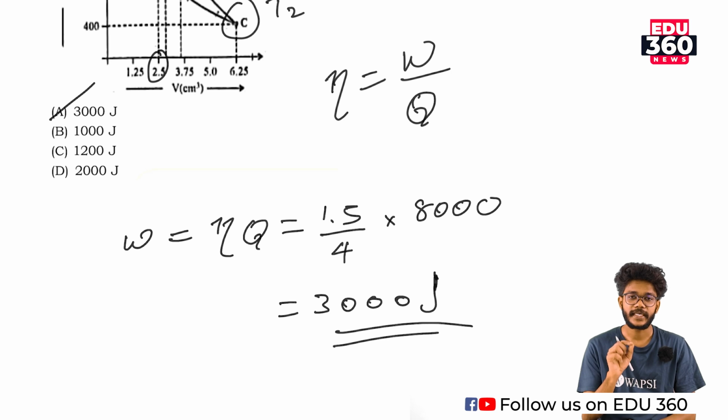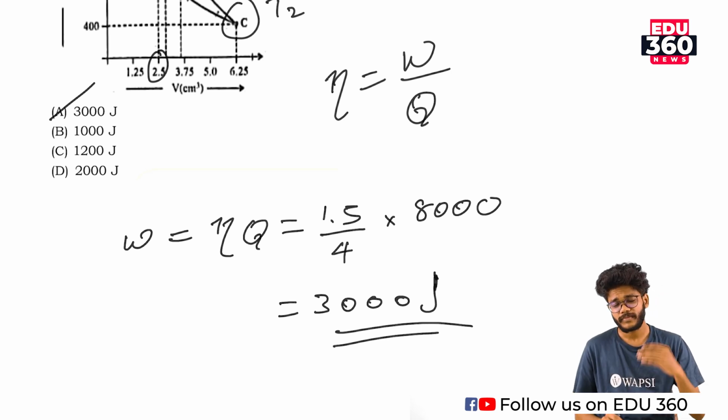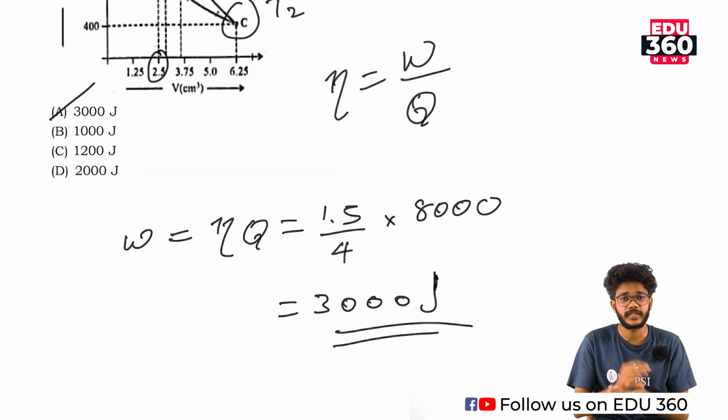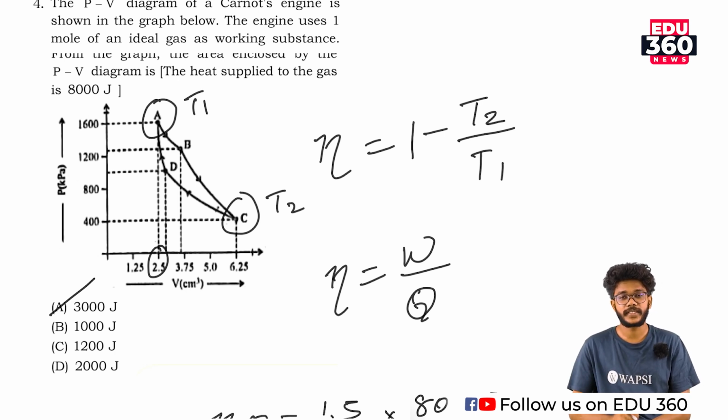Eta is equal to work by Q, where Q is the heat given to the system, Q1. And the next equation: eta is equal to 1 minus T2 by T1. T1 is the temperature for the isothermal expansion, that means the volume is increasing, and T2 is the temperature for isothermal compression.